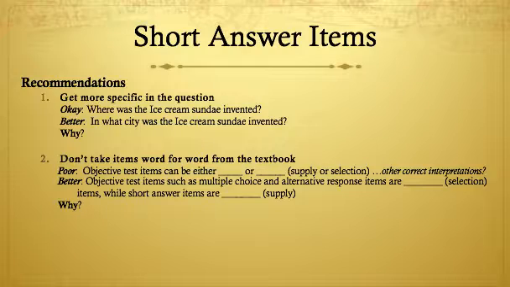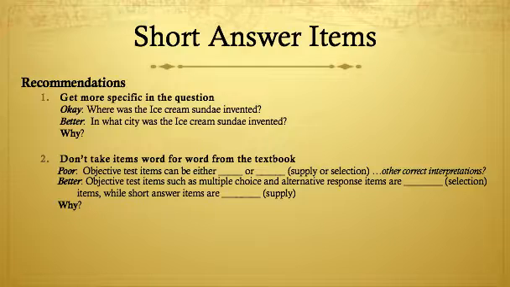The second recommendation, I should say, is don't take items word for word from the textbook. The reason is that oftentimes it's not really a standalone. It's also the case where the blanks don't necessarily fit within this whole specific question option.